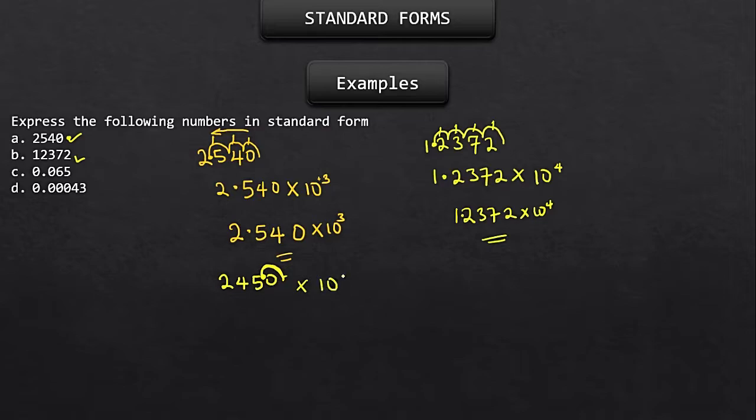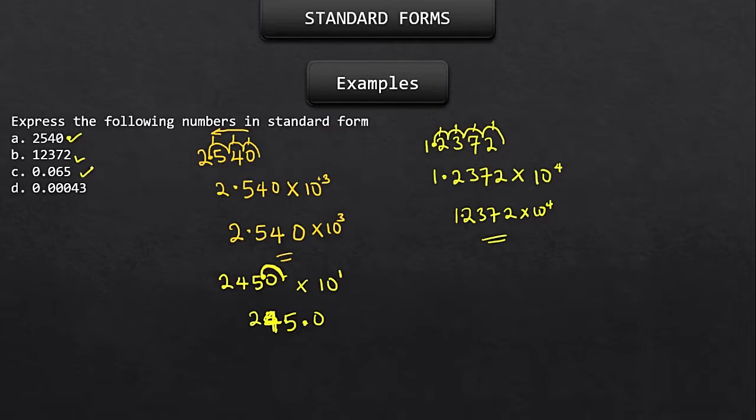So you're going to write times 10 raised to power 1, and it's going to be 245.0 times 10 raised to power 1. So that's it. Very simple. You need to be sure of how many times you jumped, because the number of times you jumped is going to determine what you write on the power.